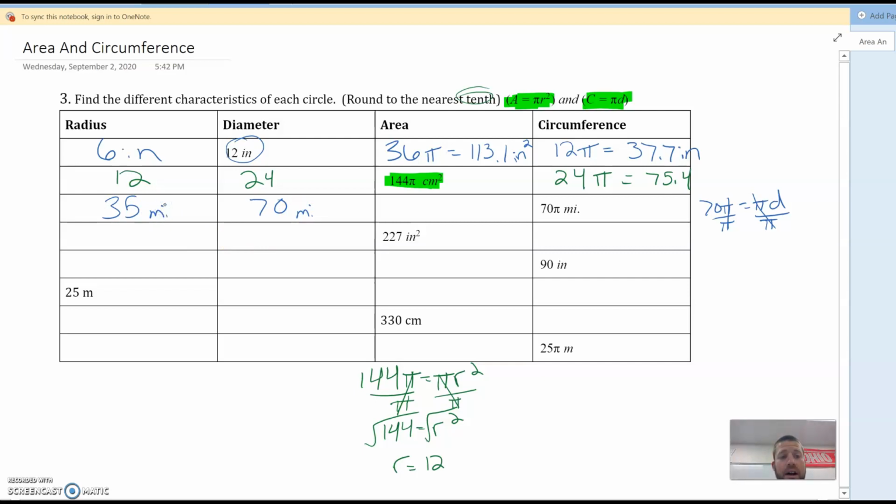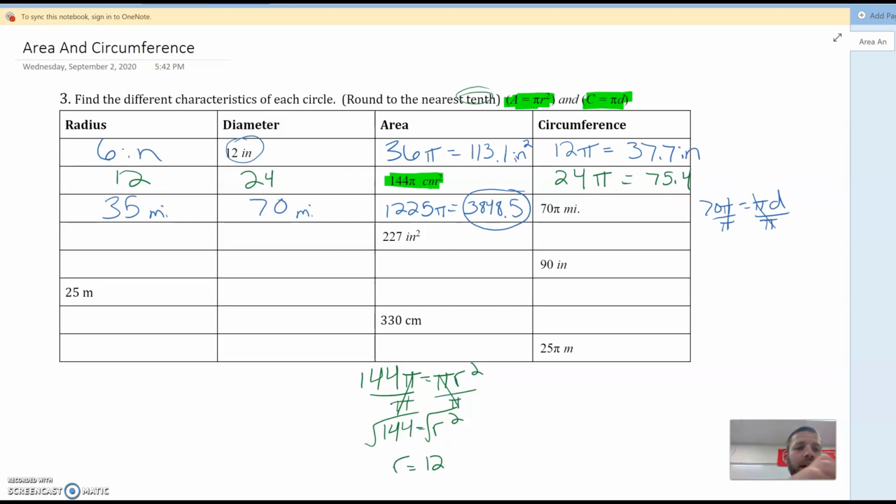Area, you're going to square the radius, so 35 squared is 1225 times pi, which would be the same as 3,848.5. Again, if you just want to leave it 1,225 pi, I'm okay with that for each one.